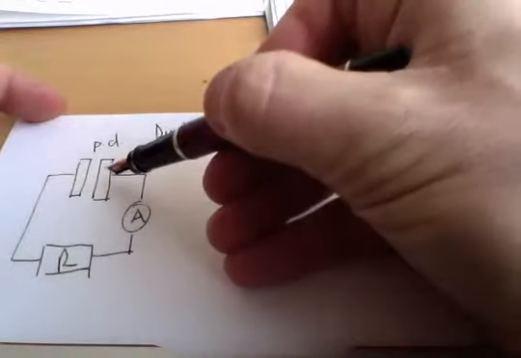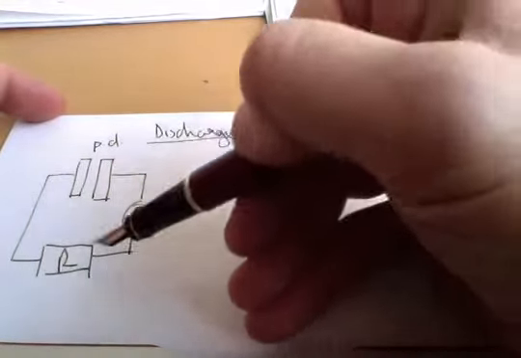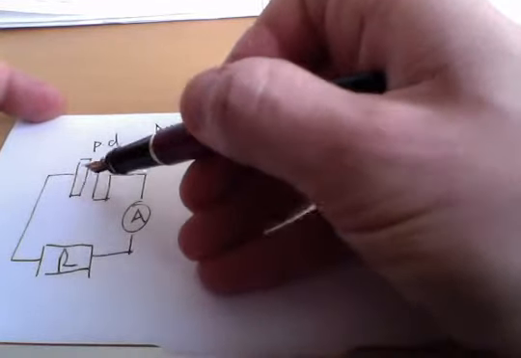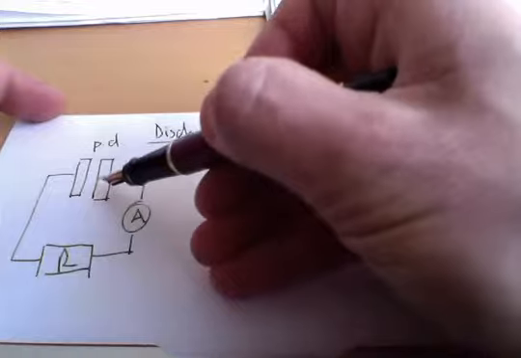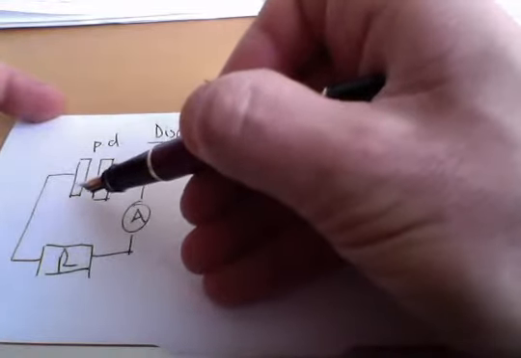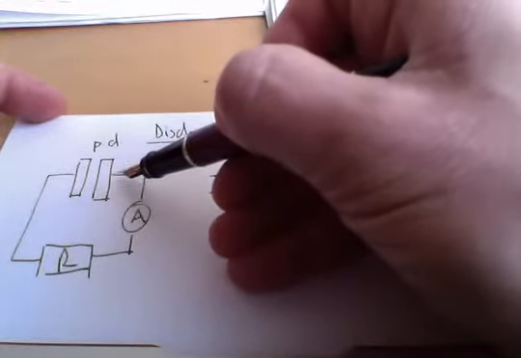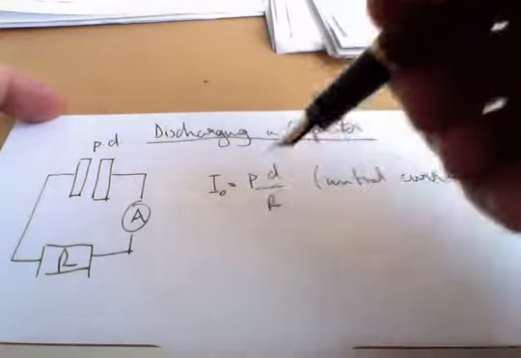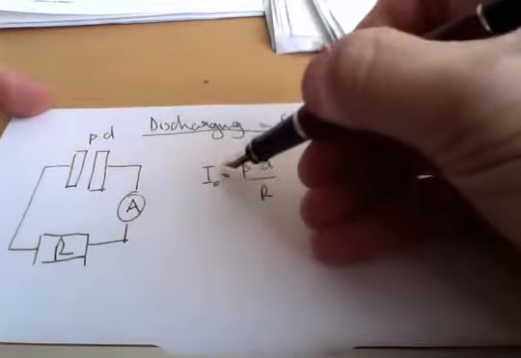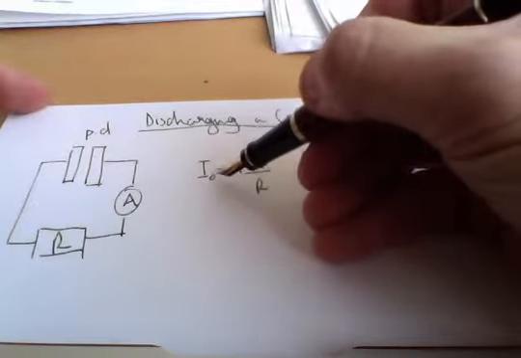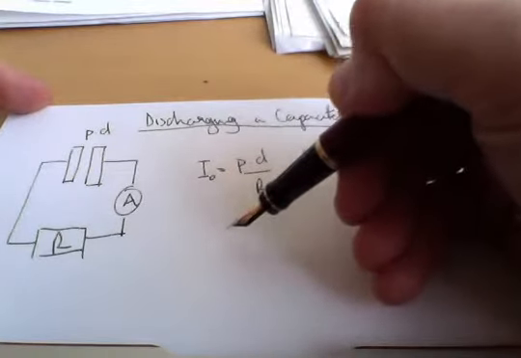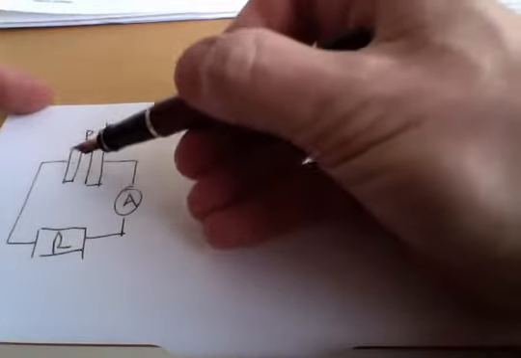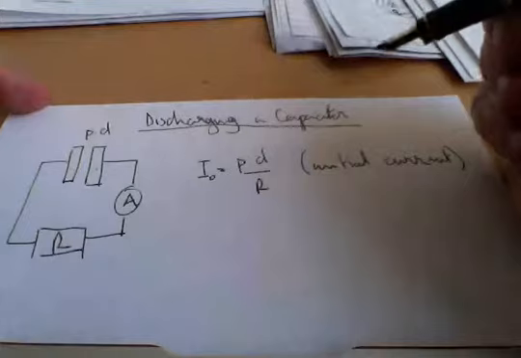Now, as charge flows off the capacitor, the differential has got smaller. The difference in charge has got smaller, so it's not going to as readily push the charge off. Essentially, this initial value will start to decrease until it hits zero, until there is no longer a differential of charge between these two plates.